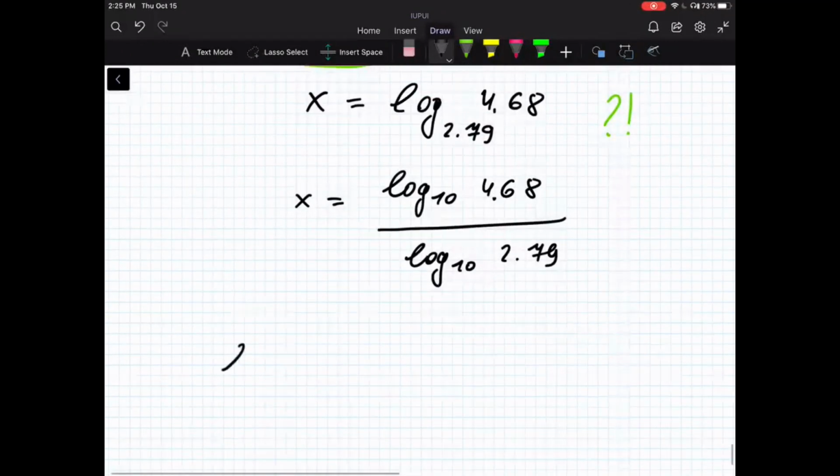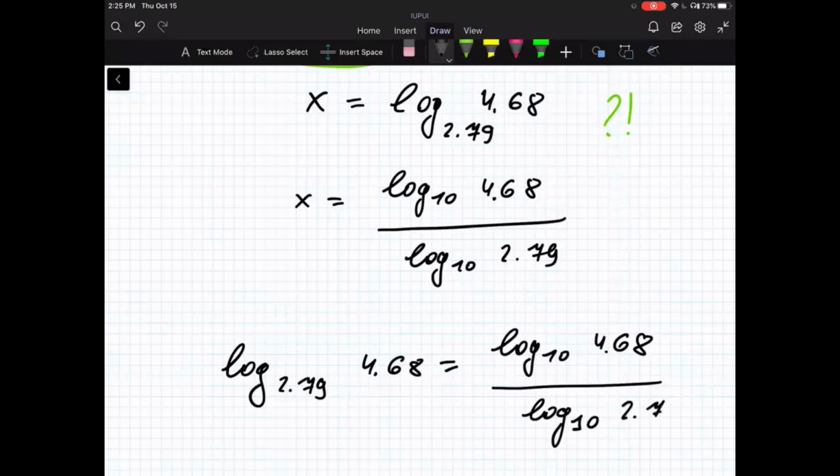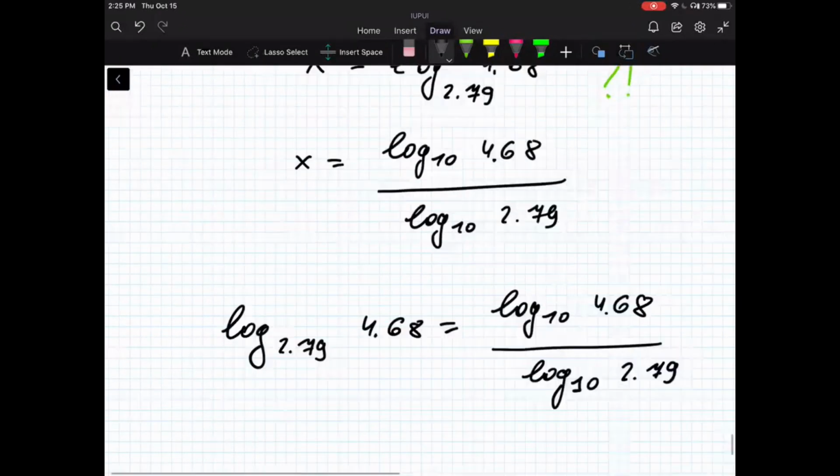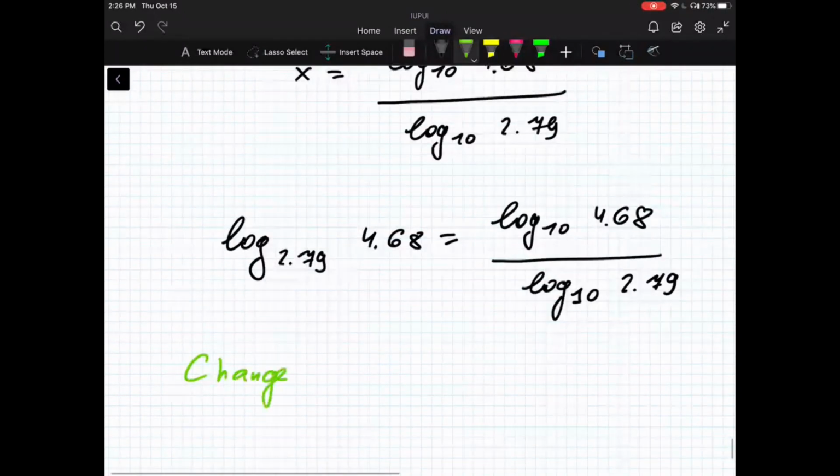But in fact, logarithm with base 279 of 468 is the same as logarithm with base 10 of 468 divided by logarithm with base 10 of 279. And this is not a coincidence. This is a general fact, which is called change of the base.